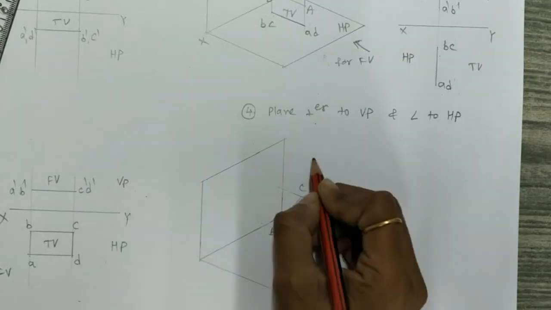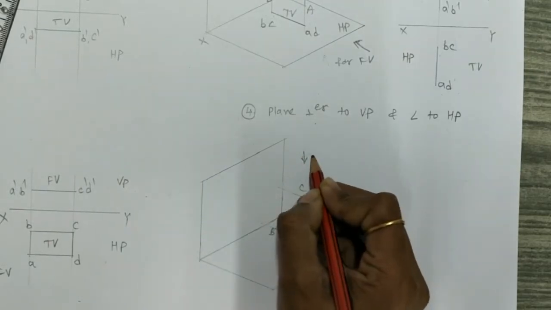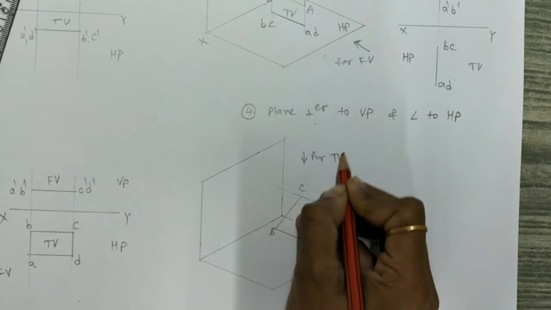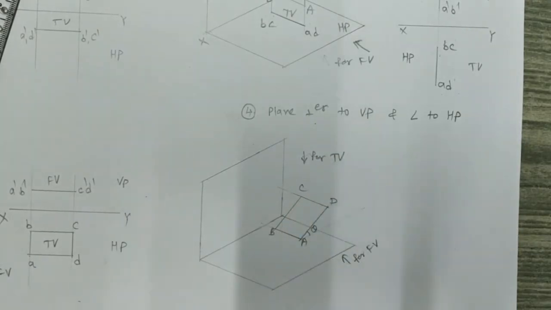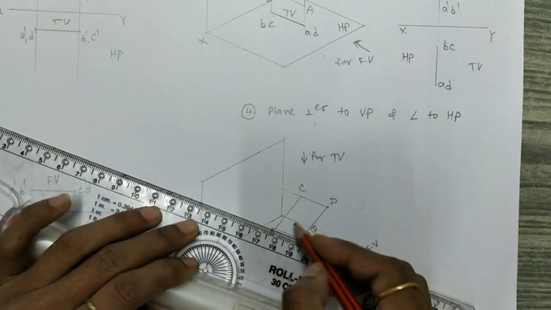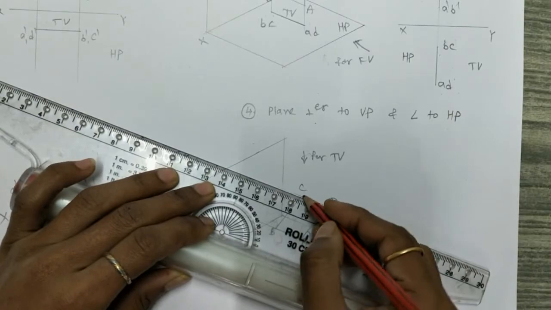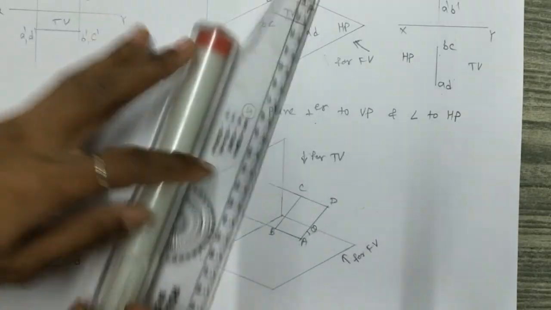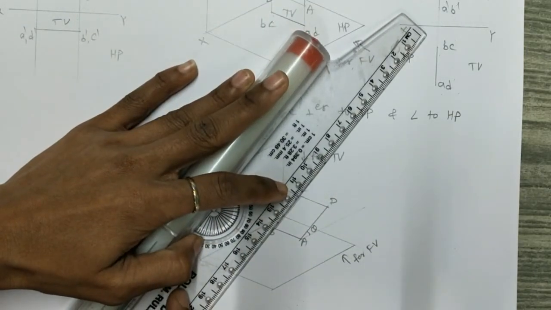And when we will see from top, so this is the direction for top view. Then a rectangle will appear in top view. First we will draw front view, which is a line.